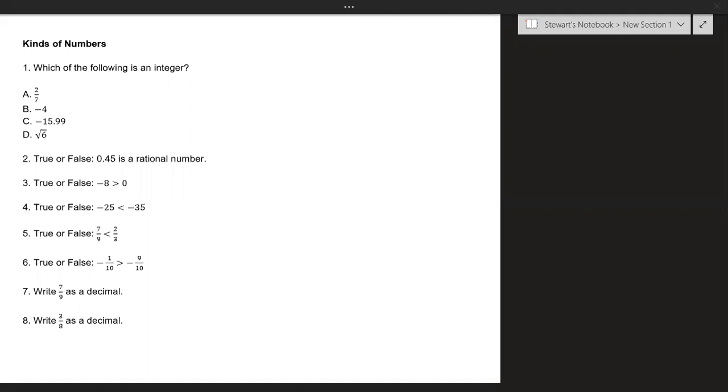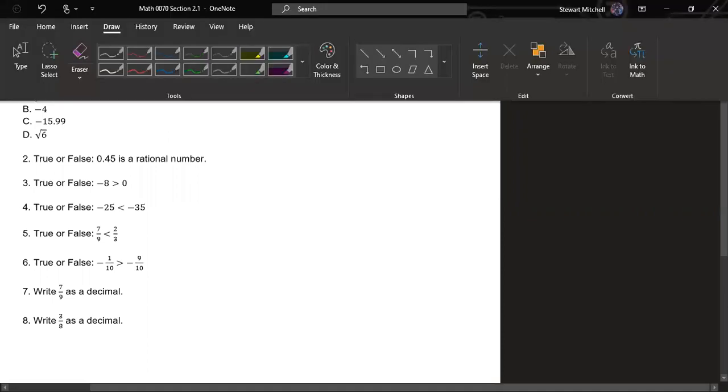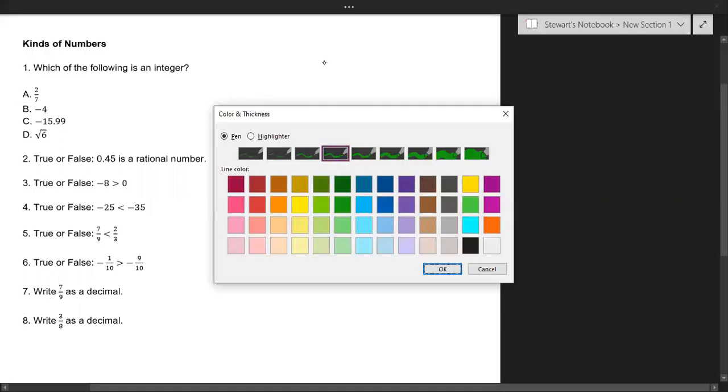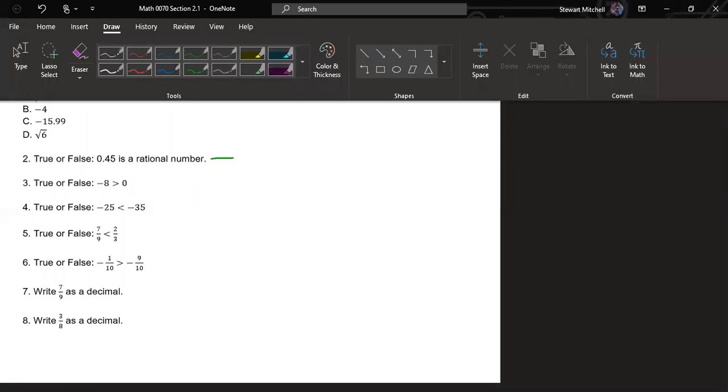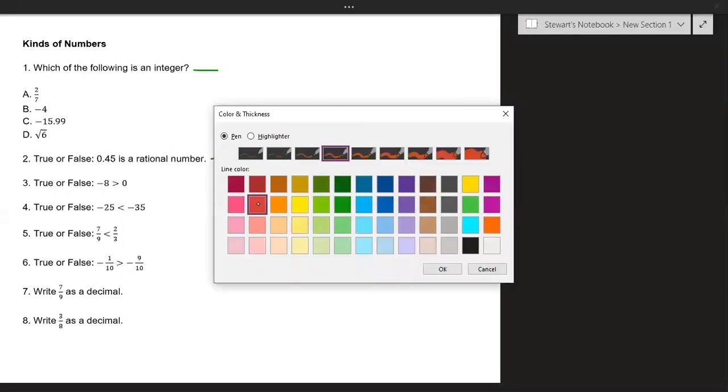In the first one, we're going to be talking about a few different topics, namely in the first two. In the first two, we're talking about different types of numbers. So here and here, we're talking about different kinds of numbers. In 3, 4, 5, and 6, let me pick a different color for those.